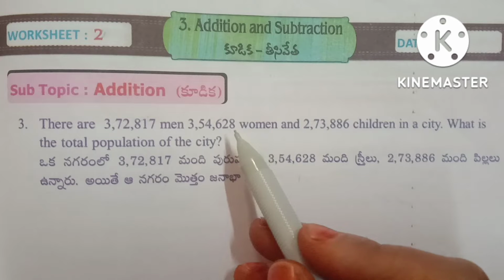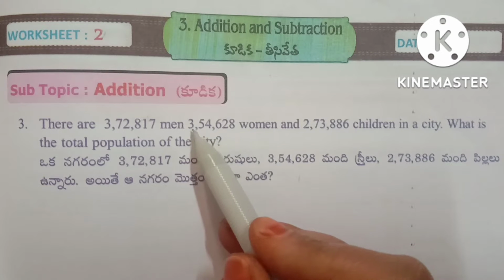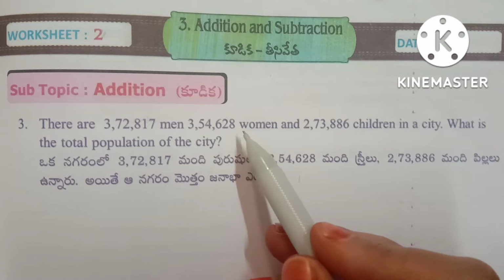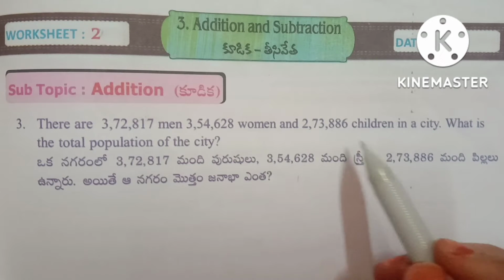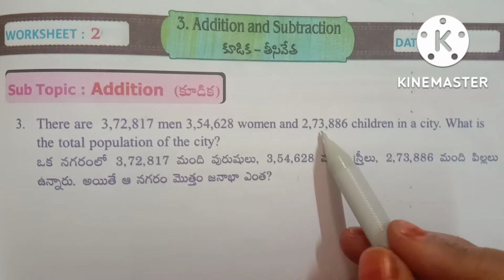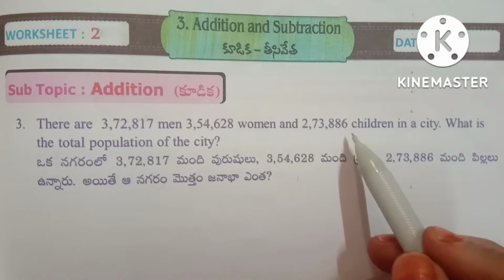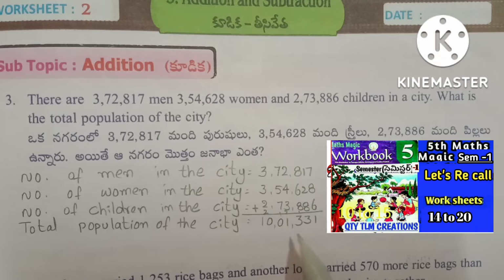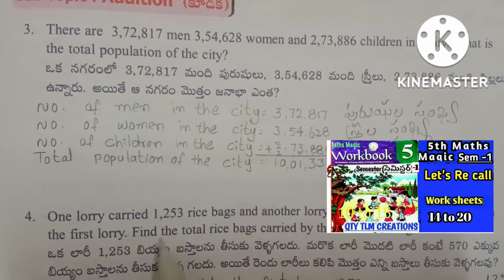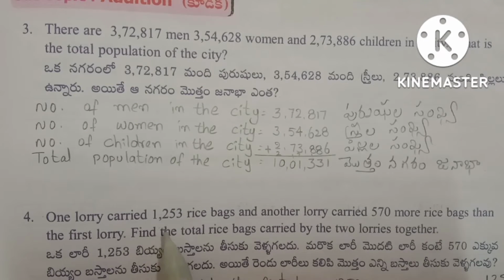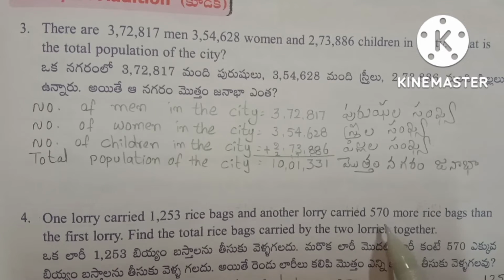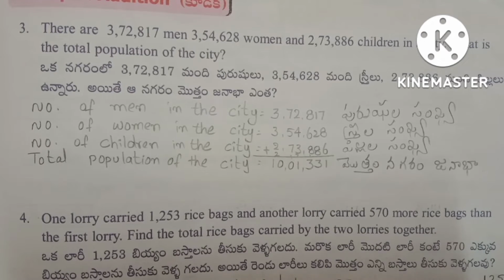Next, number of women in the city equals 3,54,628. Number of children in the city equals 2,73,886. Total population of the city equals 10,01,331.